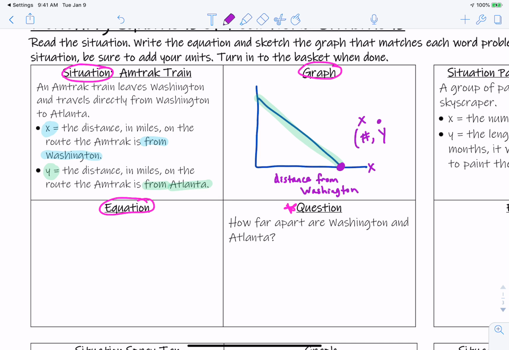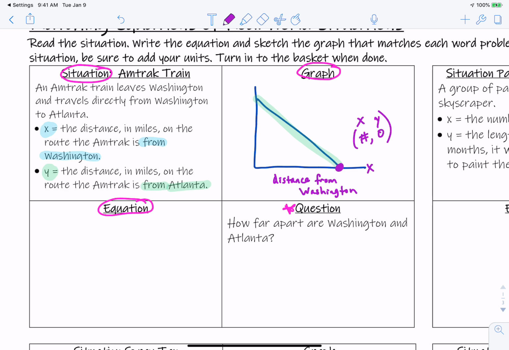Our y is the distance from Atlanta, so since the y would be 0 here, this is when we are in Atlanta, because then we're several miles from Washington.